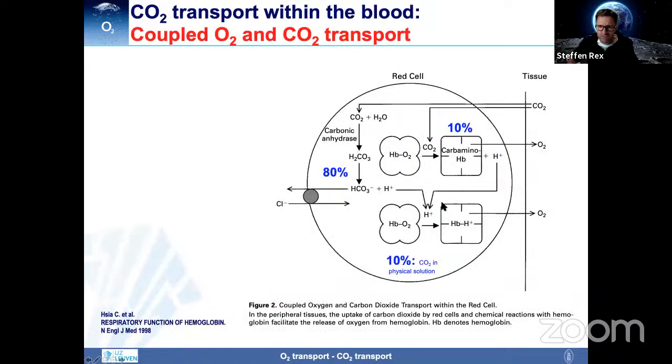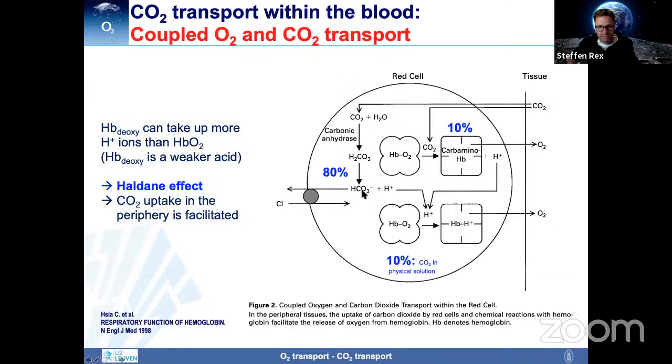Here again, another figure. So we have 10% physically dissolved CO2, 10% bound to the hemoglobin, and 80% formed to bicarbonate. And then there's another very important trick. Hemoglobin is a very good buffer, but deoxygenated hemoglobin is an even better buffer.